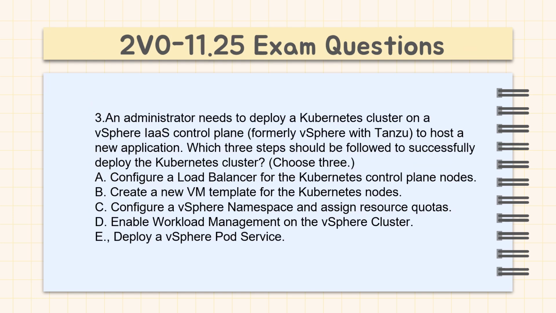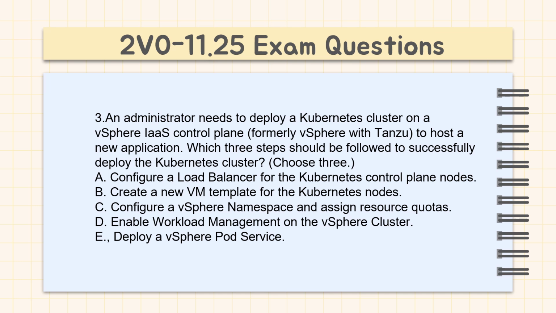An administrator needs to deploy a Kubernetes cluster on a vSphere IaaS control plane, formerly vSphere with Tanzu, to host a new application. Which 3 steps should be followed to successfully deploy the Kubernetes cluster? Choose 3. A. Configure a load balancer for the Kubernetes control plane nodes.